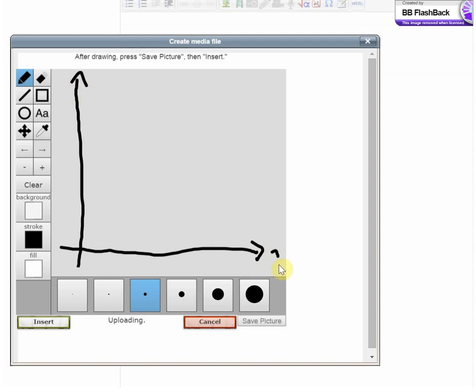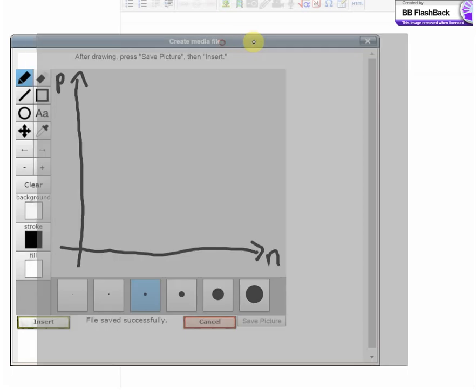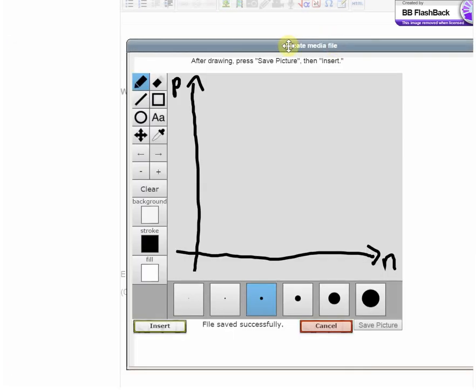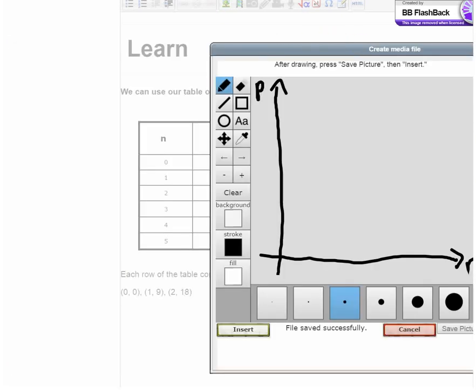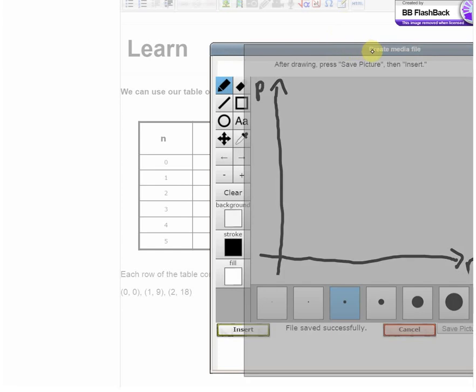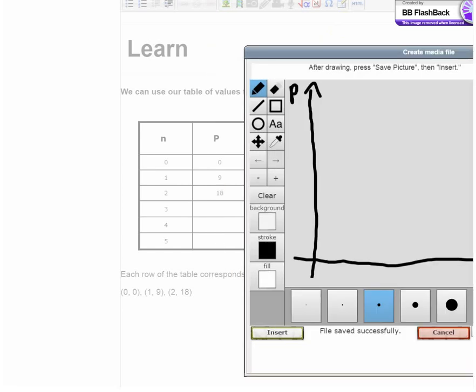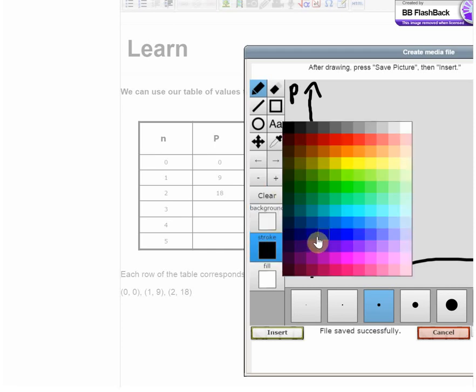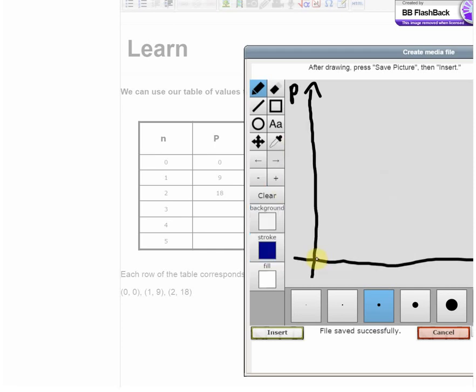This is n, the number of lawns that you mowed, p, the amount of profit. Our values, can I pull this over and still have enough space here? Our values are 0, 0. How about we do this in a different color so it's really obvious?